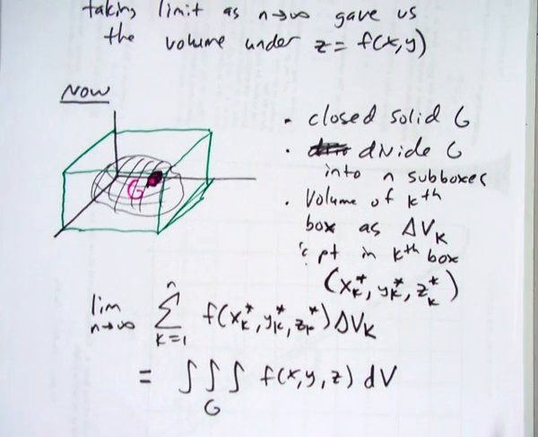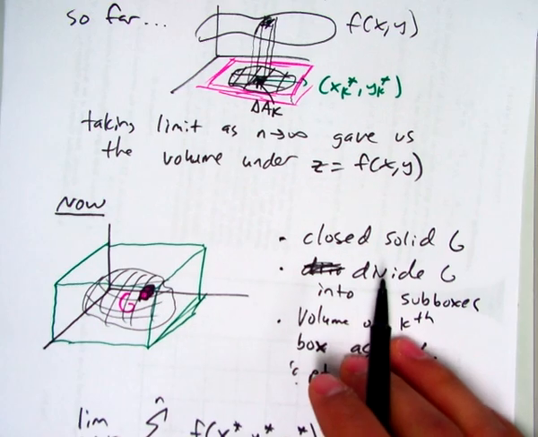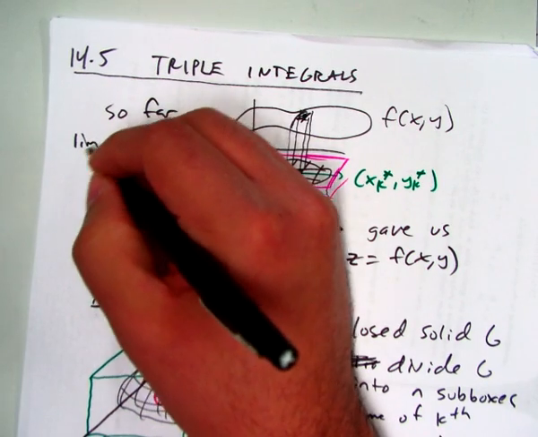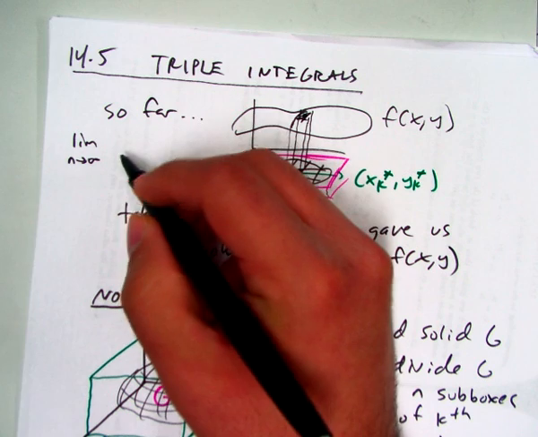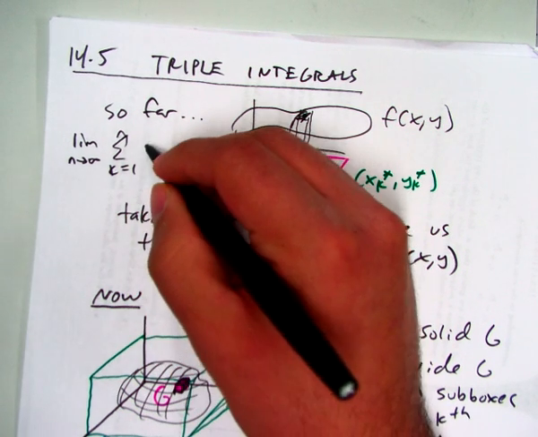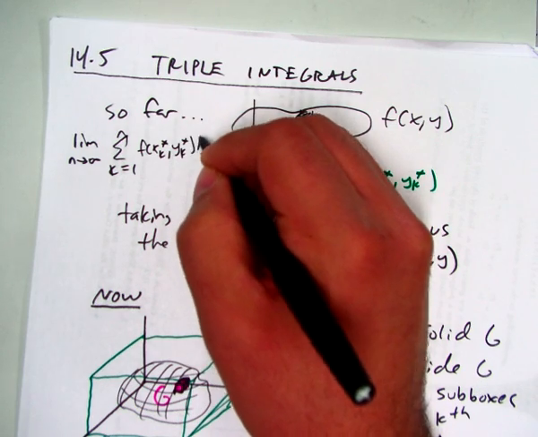Okay, so before, when we did double integrals, hopefully you remembered that we took the limit as n went to infinity of the sum from k equals 1 to n of f of x sub k star, y sub k star times delta A sub k.